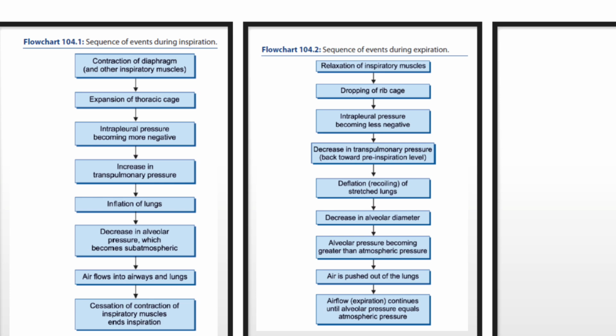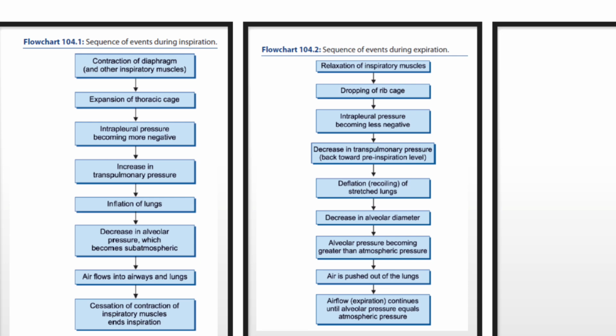As a result, initially the transpulmonary pressure was 0 - (-3), so +3. During quiet inspiration it will become 0 - (-6), so +6. During forced inspiration it will become 0 - (-30), so +30. So the result is that the transpulmonary pressure will become more positive.